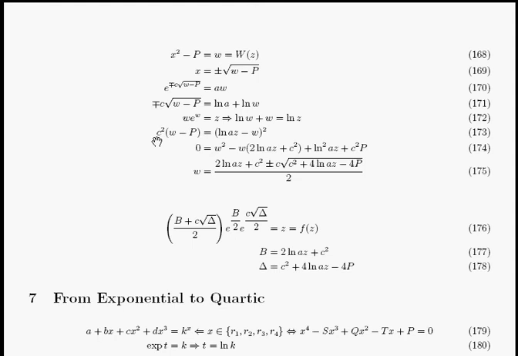Who is logarithm of w plus w, logarithm of z? We take this and substitute. C2 w minus p is equal to ln of a plus ln of z minus w squared.